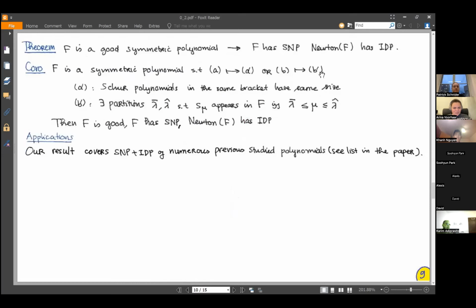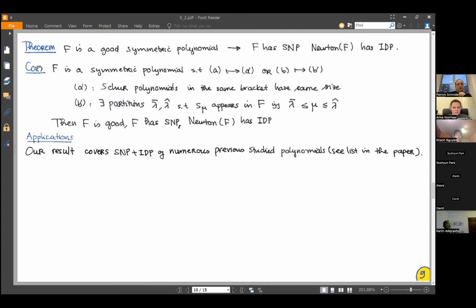So if we replace A by A prime and B by B prime, they are simpler conditions than A and B. The first one says that the Schur polynomials in the same bracket have the same sign, and the condition B prime says that there are partitions lambda bar and lambda hat, such that S will appear in F only if it is bounded between lambda bar and lambda hat.